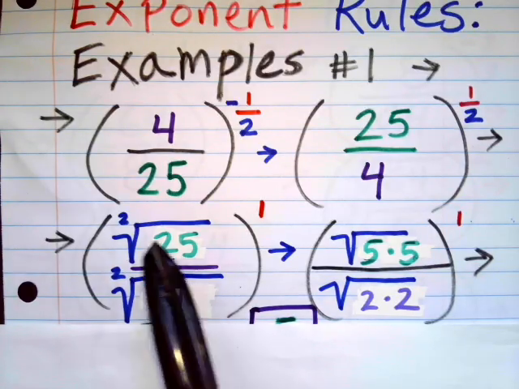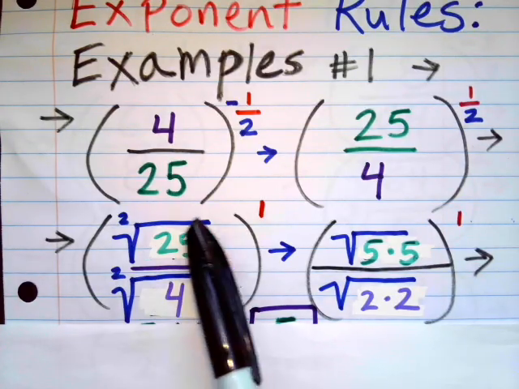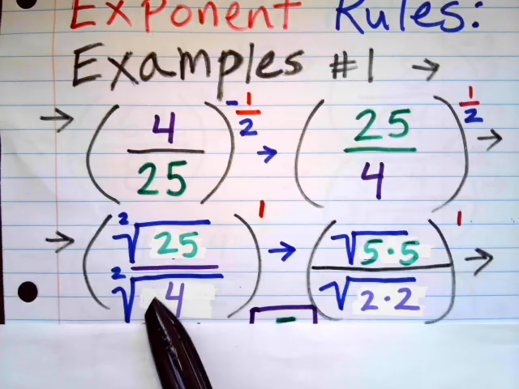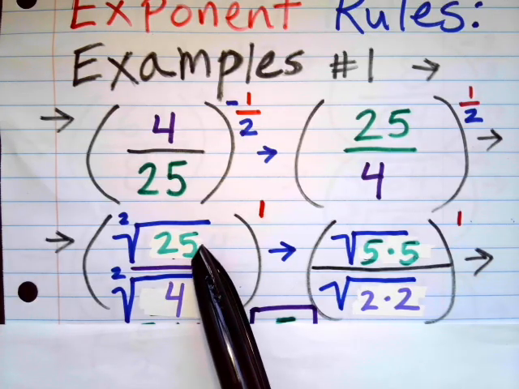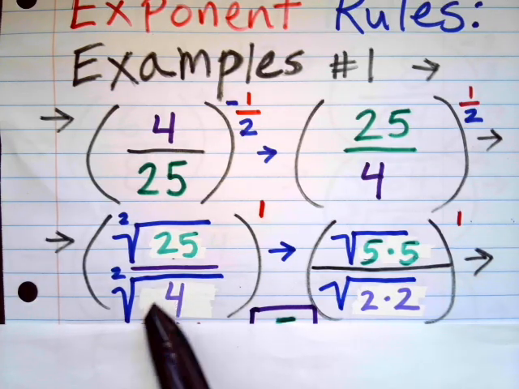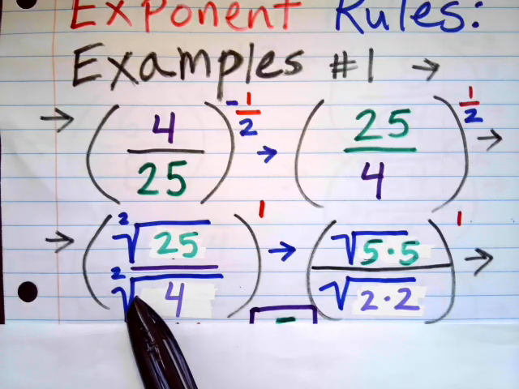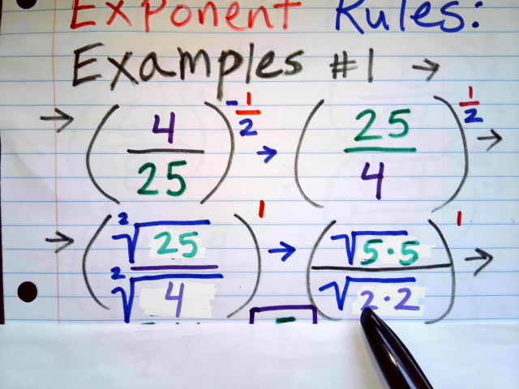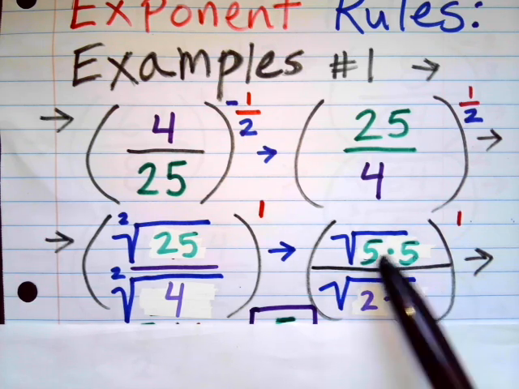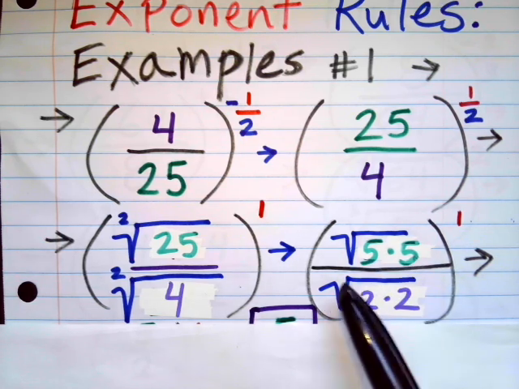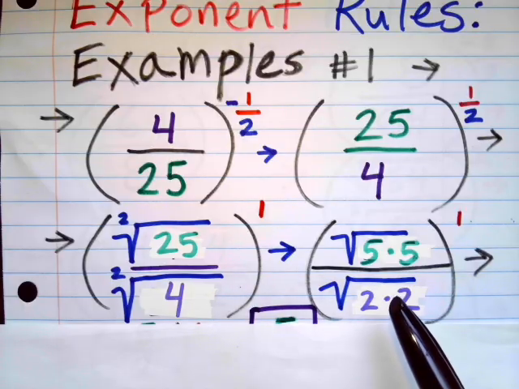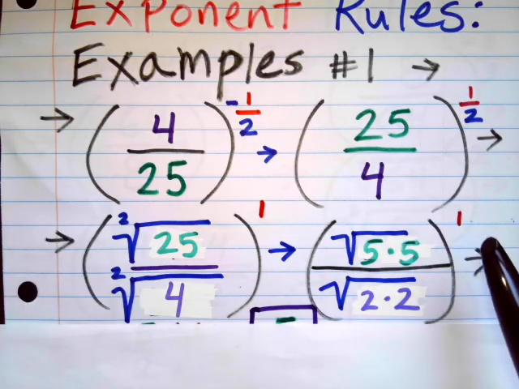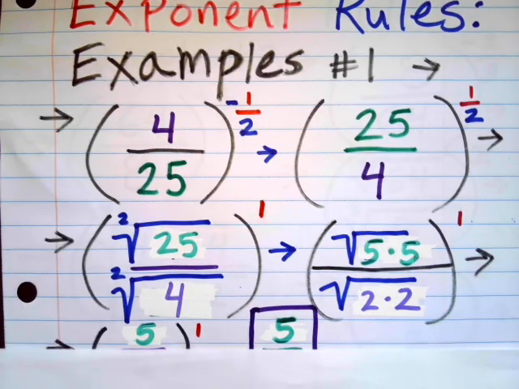And so I have a square root. The rule is I need two perfect pairs in the numerator and denominator in order to free up the term from the radical, or the square root. I know 25 is 5 times 5. I know 4 is 2 times 2. I've got a perfect pair here and here. I can pull out one 5 and one 2, raised to that first power.